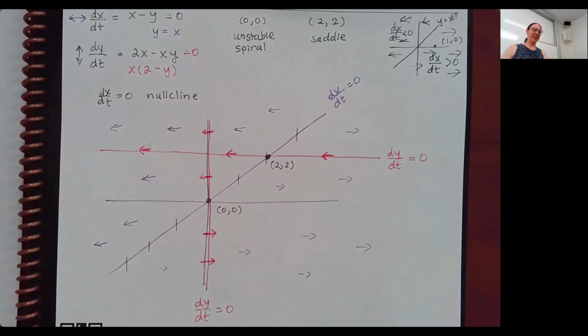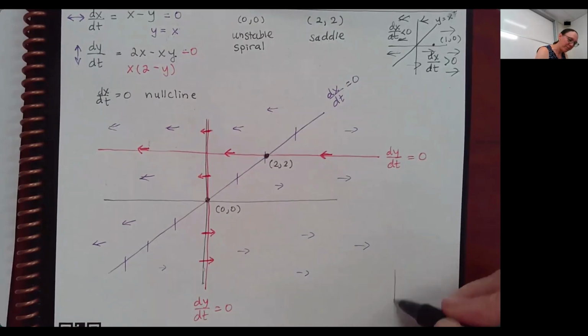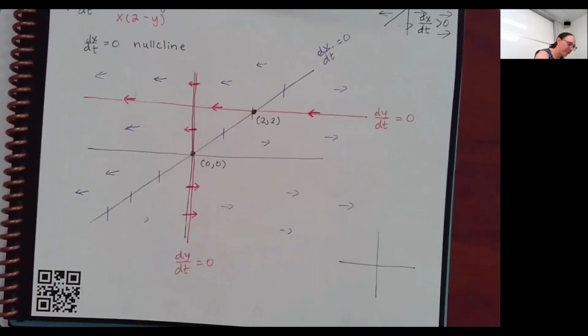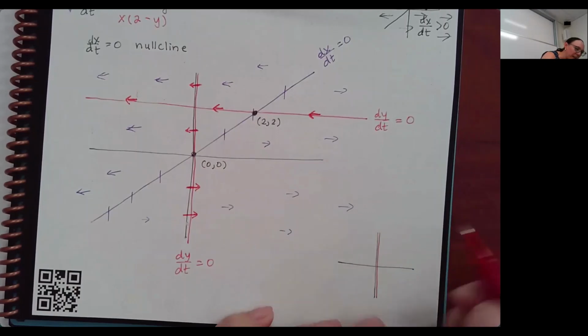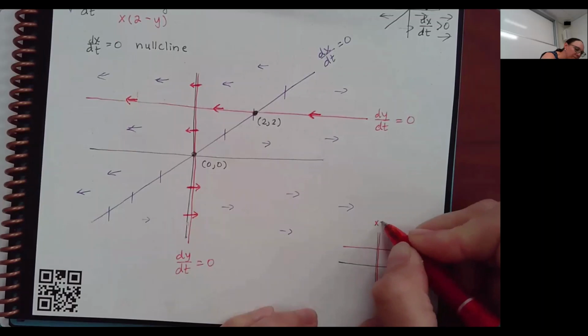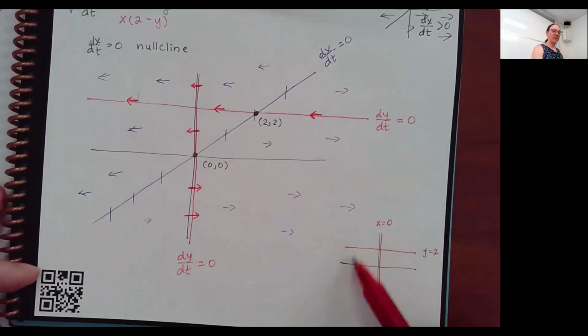And now I can do my analysis of the dy dt null lines. So my dy dt null lines, I think I'm going to squeeze them in down here. Let's see how that goes. So for my dy dt null lines, I know that I've got the x equals 0 and the y equals 2, which has essentially divided this into 4 quadrants.